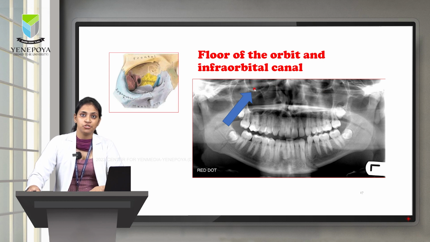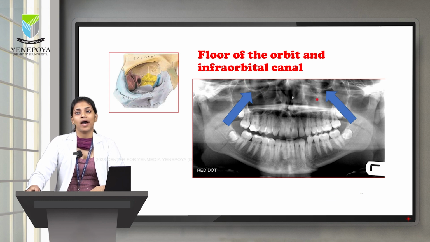Because of its superior position on a panoramic radiograph, we will be able to appreciate only the floor of the orbit. The two blue arrows represent the floor of the orbit, which is seen just above the maxillary sinus.